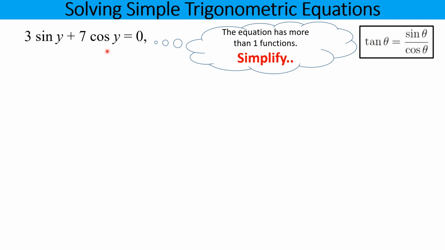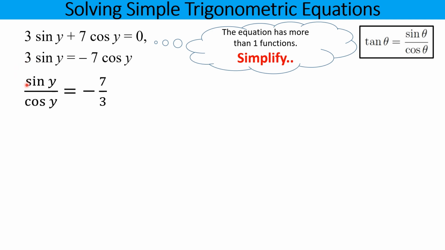So I'm going to manipulate this equation until I can get tangent. I can easily do this by rearranging the equation. I move cosine to the right hand side, and from here I get sine y divided by cosine y equals negative 7 over 3. With this, I'm able to get tangent y. I now have one function, which means I am ready to solve the equation.